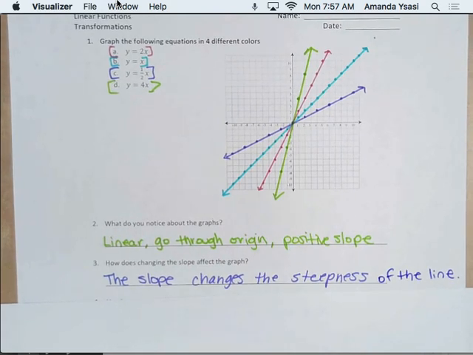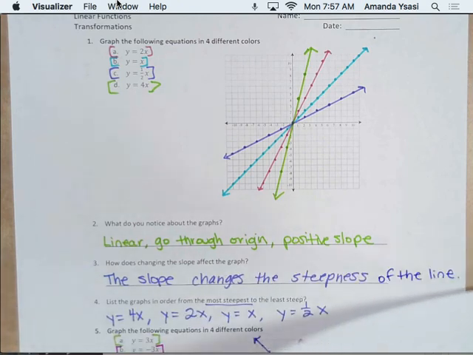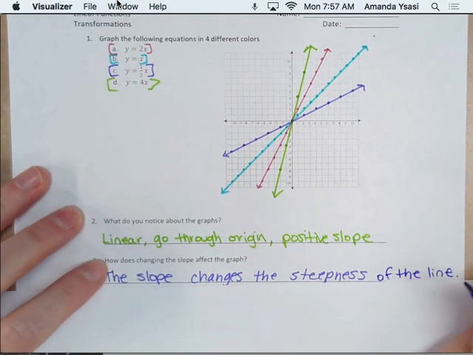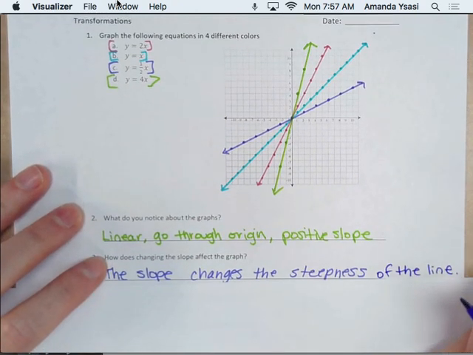And then we need to list the graphs in order from most steep to least steep. Will somebody raise your hand if you want to tell me the order for most steep to least steep? Carter. I'm going to go by colors. Green.